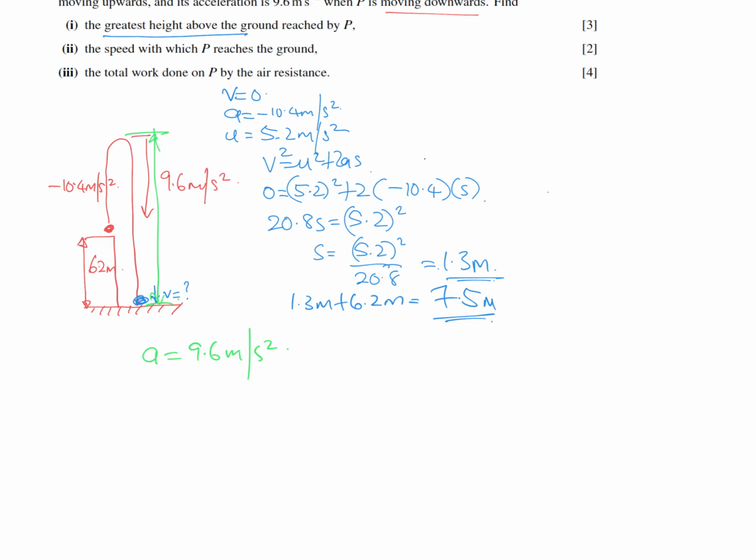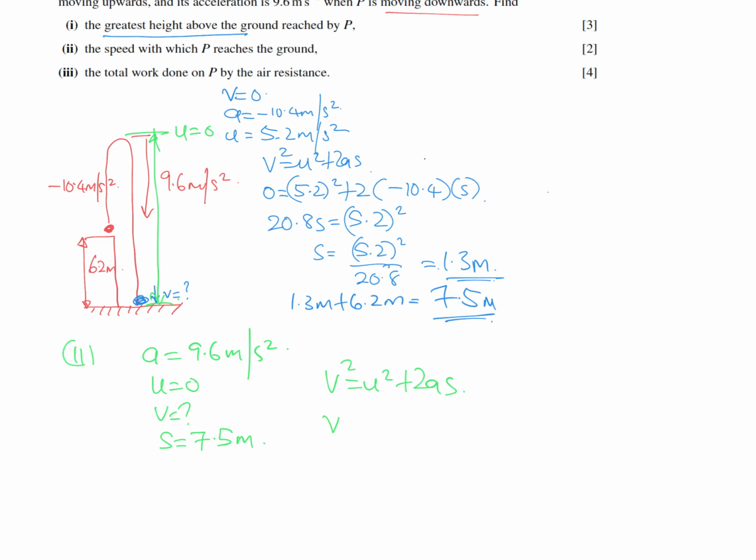So u here is 0, because when it reaches the maximum height, u is 0. We're going to find v, and I know s. s is 7.5 meters. So this should be straightforward. So v squared equals u squared plus 2as. This is for part 2.